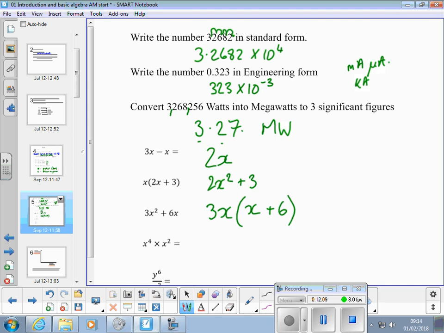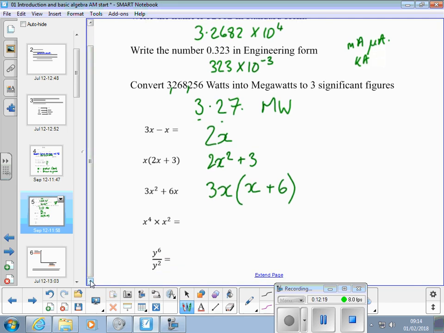X to the power 4 times x to the 2. Yeah, x to the power 6.